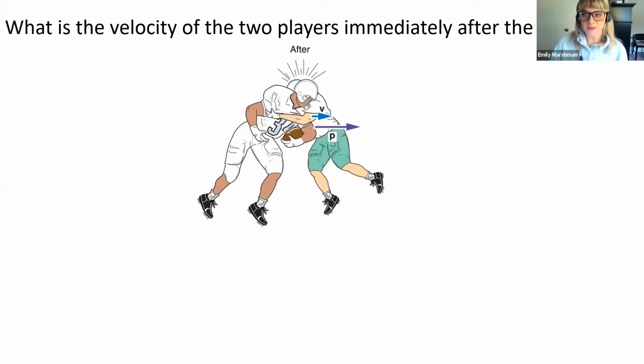So immediately after the collision, let's think about what happens. We already said that the initial momentum before they collide was 200 kilogram meters per second. Final momentum must also be 200 kilogram meters per second due to conservation of momentum here.